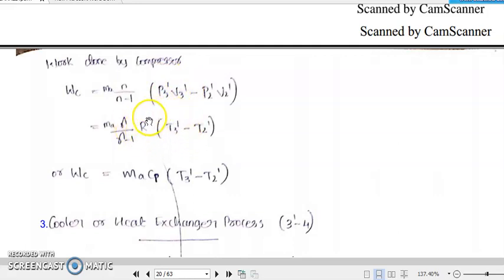So this R term we can take outside, and inside the bracket it will be T3' minus T2'. So the work done by the compressor will be m_a into Cp, since R times gamma by gamma minus 1 is nothing but the Cp value. So m_a Cp (T3' - T2'). This is a very simple relation.